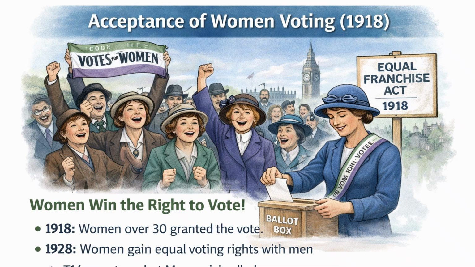Women won the right to vote in 1918, when women over 30 were granted the vote. Nowadays it's 18, and if a woman is 18 you can vote, but you don't know the history, how hard these people worked to get this right for you. It's called the snowball effect, isn't it?